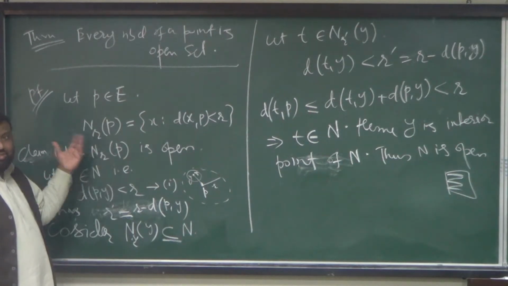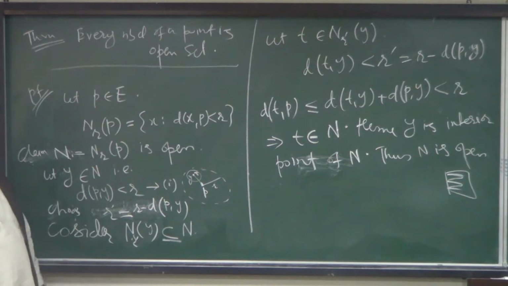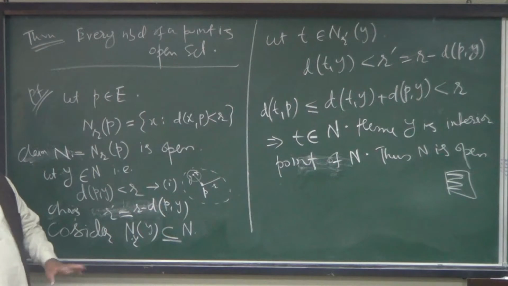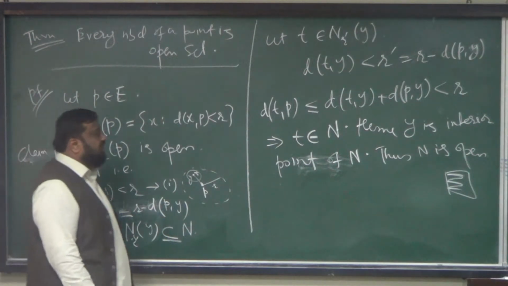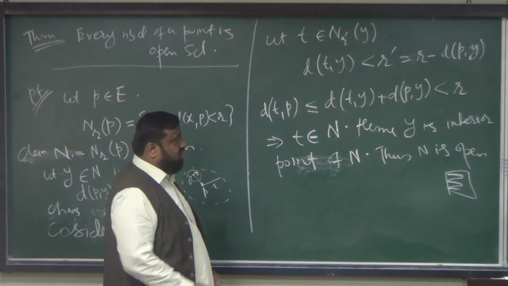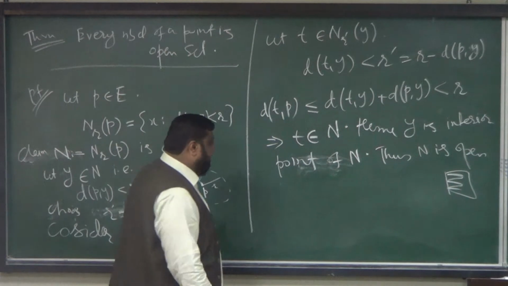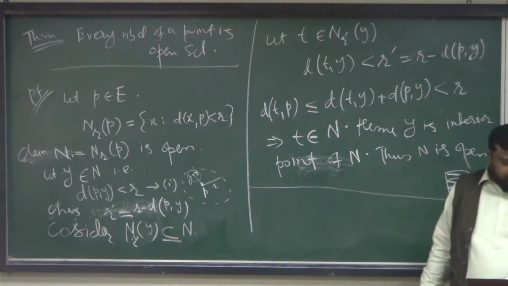No matter what metric space you have, a neighborhood is always going to be an open set. You take a neighborhood of a point in any metric space and it is always open. This is a claim that is true in all metric spaces. Let's move ahead.